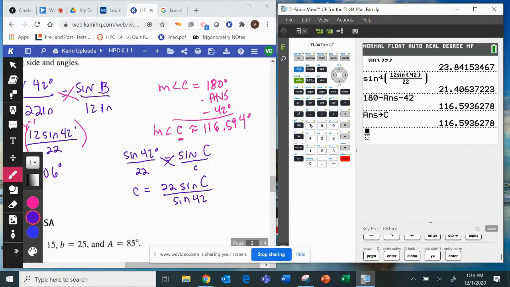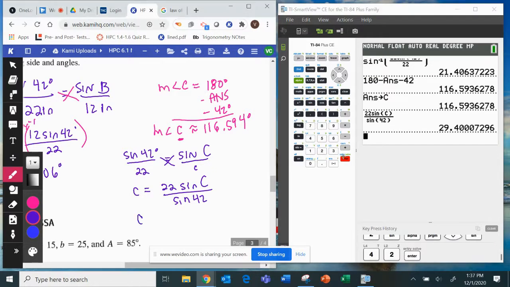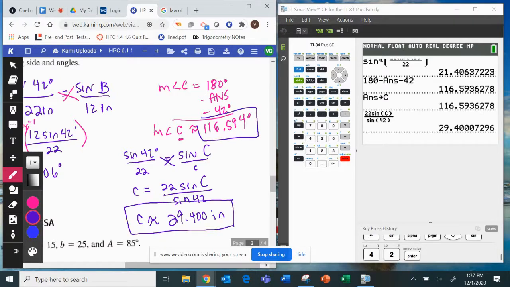So on my calculator, I can do 22 sine alpha and then get the C divided by sine 42. So this is one where, do I really need to store it? Probably not, but I wanted to show you how to do it because it becomes more useful when we need that value repeated multiple times.